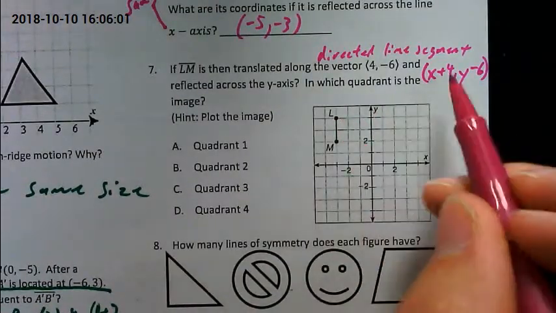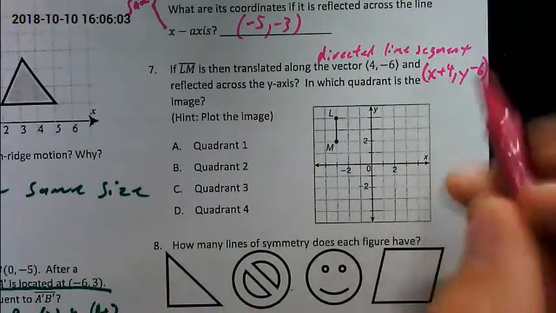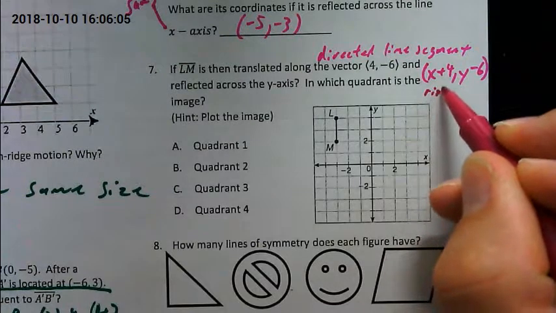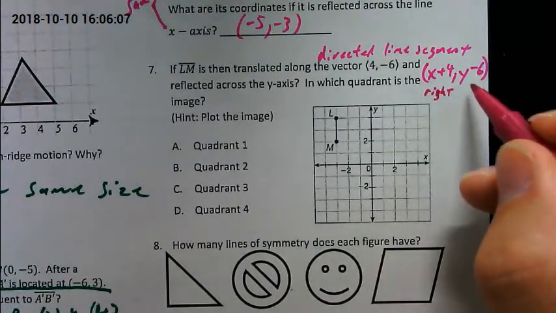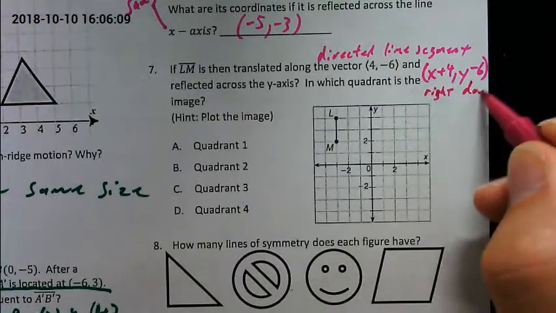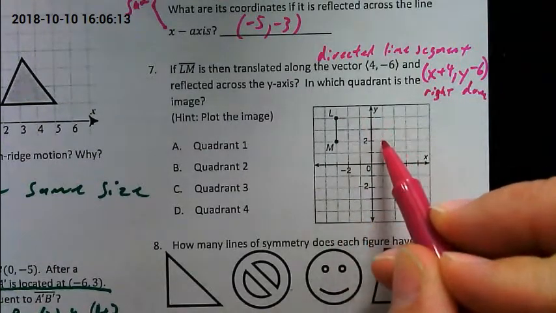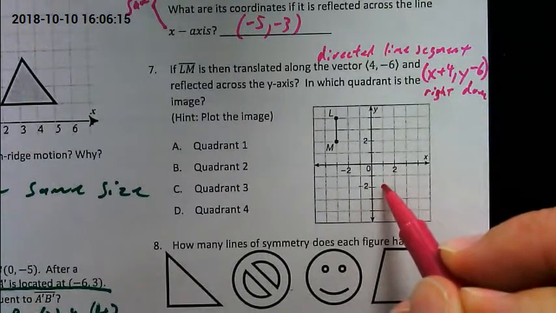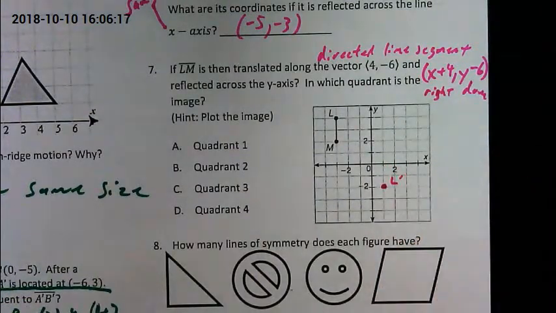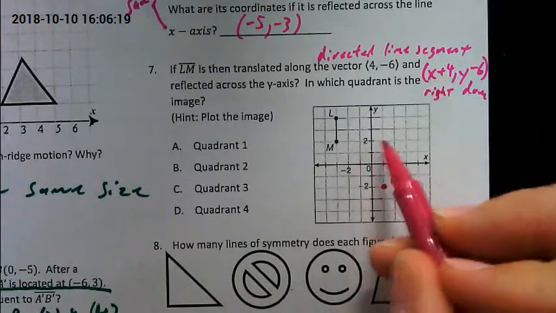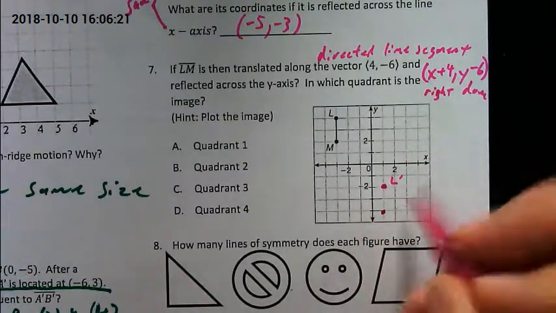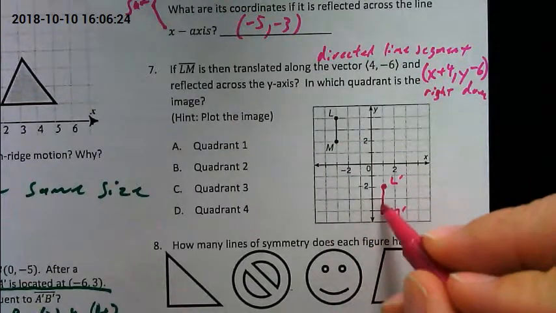So we could take each point and move them 4 units to the right, because that would be positive 4 direction, and then 6 units down. So 1, 2, 3, 4, 1, 2, 3, 4, 5, 6. That'd be now L prime. Do the same thing with M. And it'd now be down here.